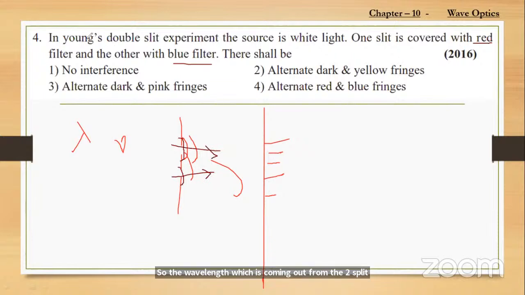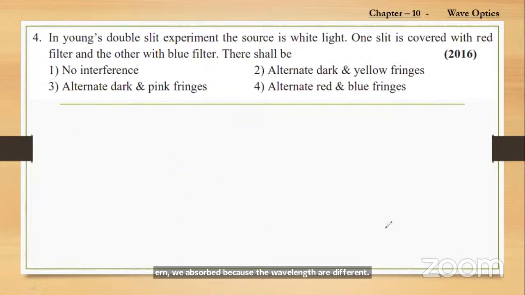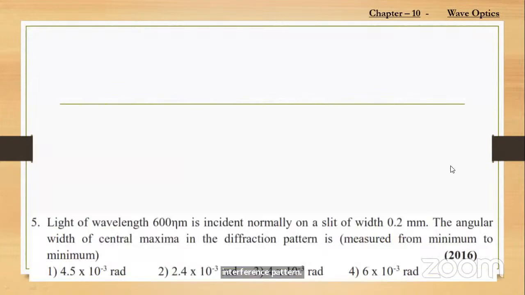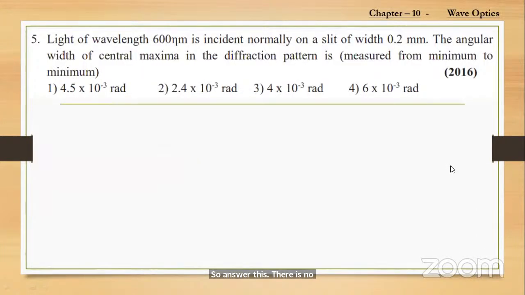That's why no interference pattern will be observed, because the wavelengths are different. So the answer is no interference pattern will be observed.